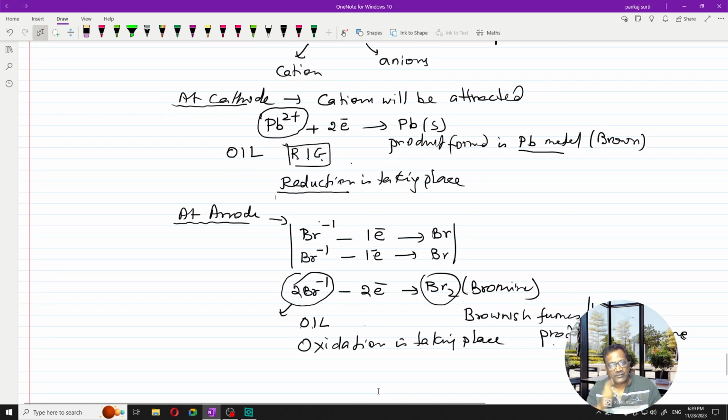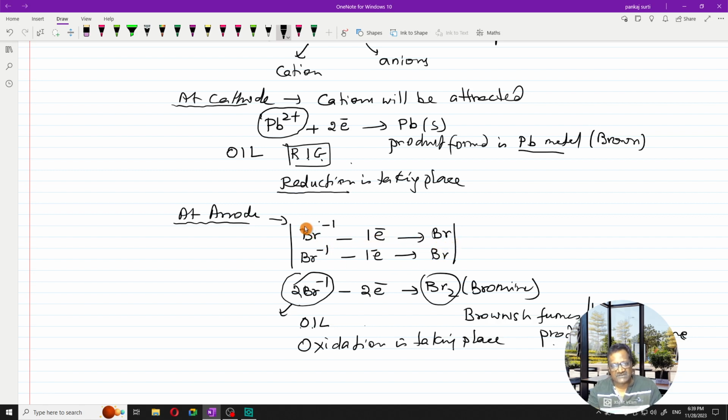Similarly, at the anode, the bromide ion is traveling towards the anode because the anode is positively charged and the bromide ion is negatively charged. This bromide ion will lose one electron to the anode and get converted into bromine.